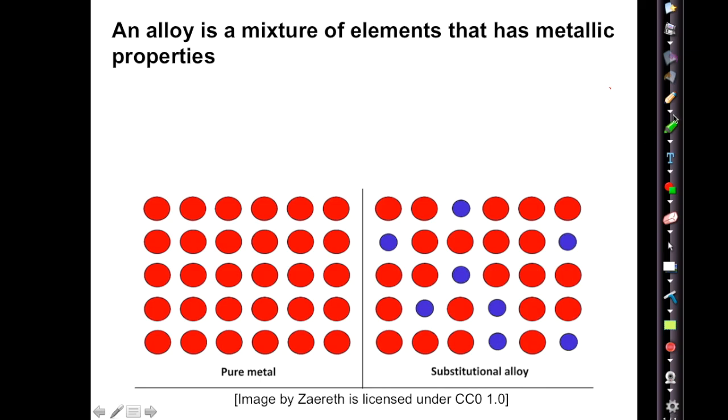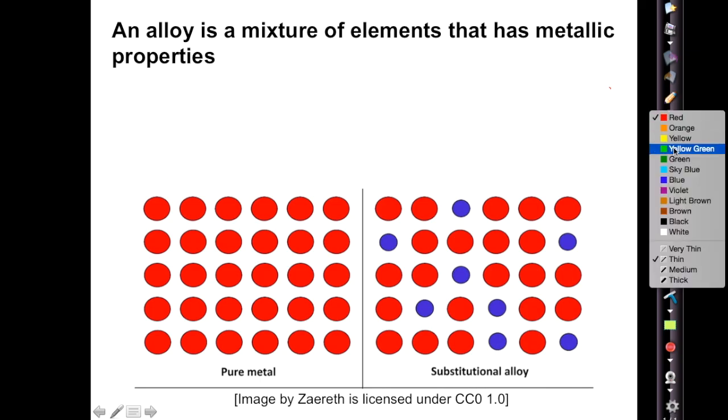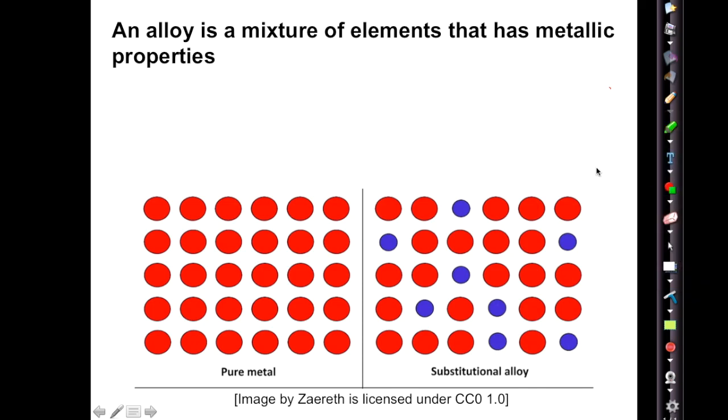Brass and bronze are other examples of substitutional alloys. So let's write a couple of these down here. Brass. We all know about brass, of course, if you are in band. Brass is an alloy which is a mixture of copper and zinc.